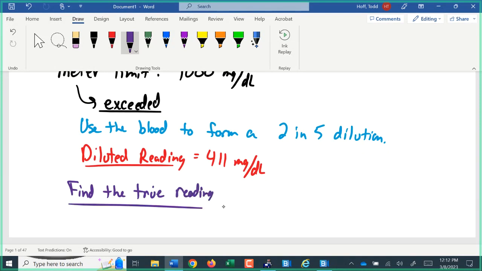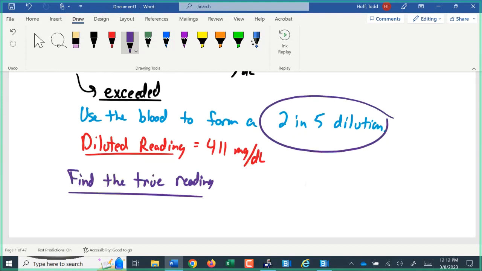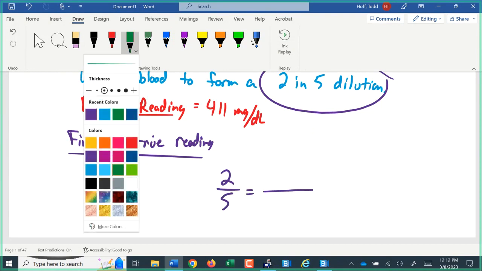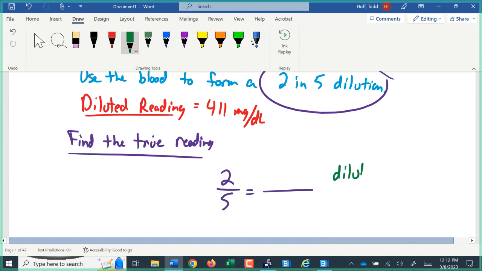Well, the true reading is going to be bigger than the diluted reading. To find the true reading, we use this dilution ratio. It's a 2 in 5 ratio, so it's 2 to 5. Over here, we have the diluted amount. The diluted reading goes with the smaller number, and the true reading will go with the larger number.